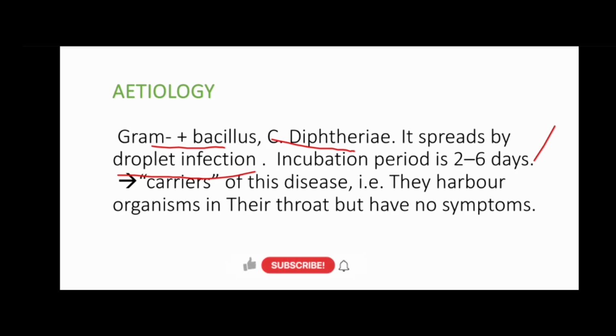Some people are carriers of the disease. They don't have any symptoms, but they have the gram-positive bacilli in their bodies and spread them through droplet infection to others. They harbor the organism in their throat but have no symptoms.